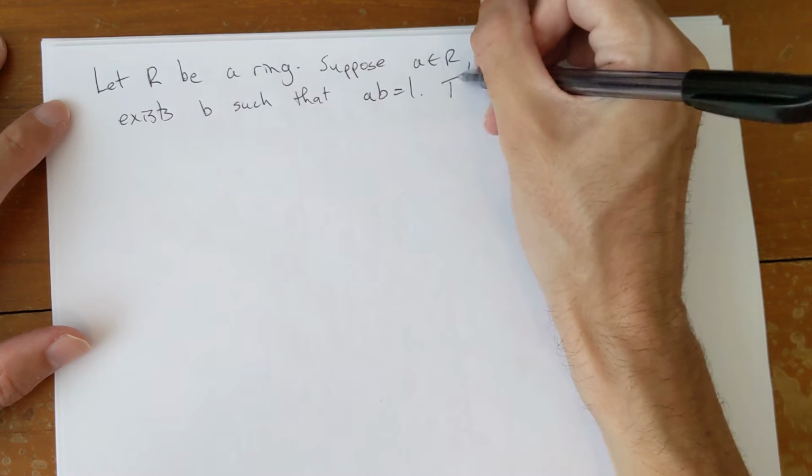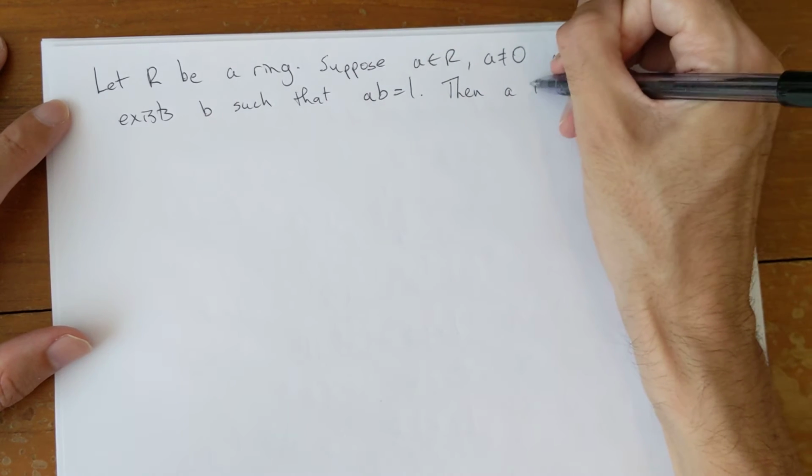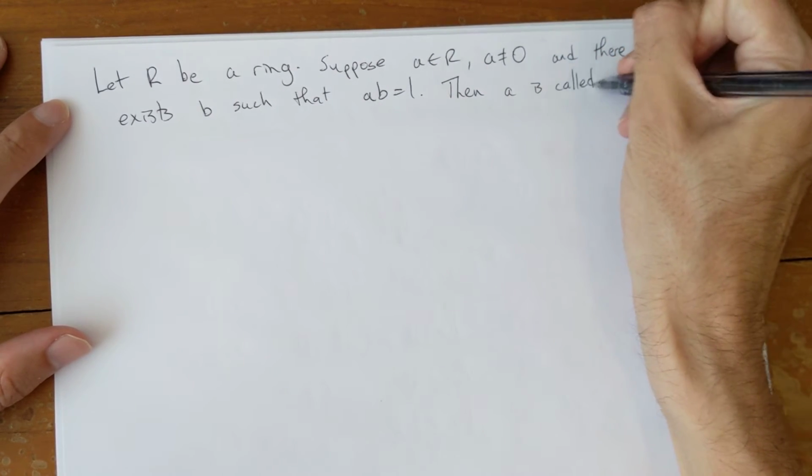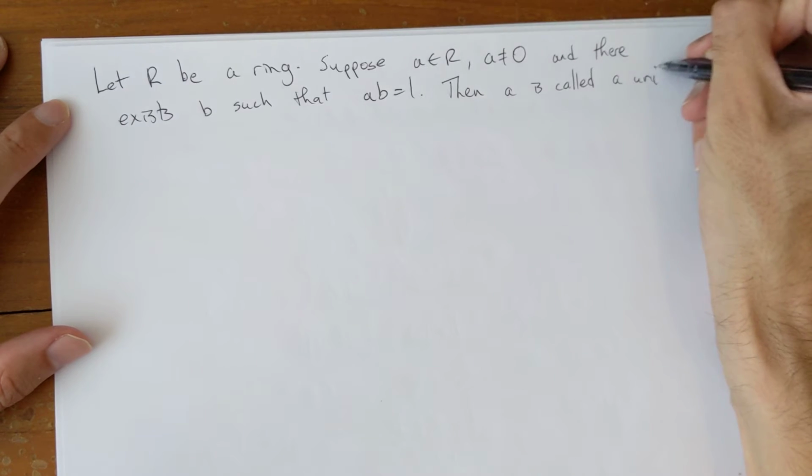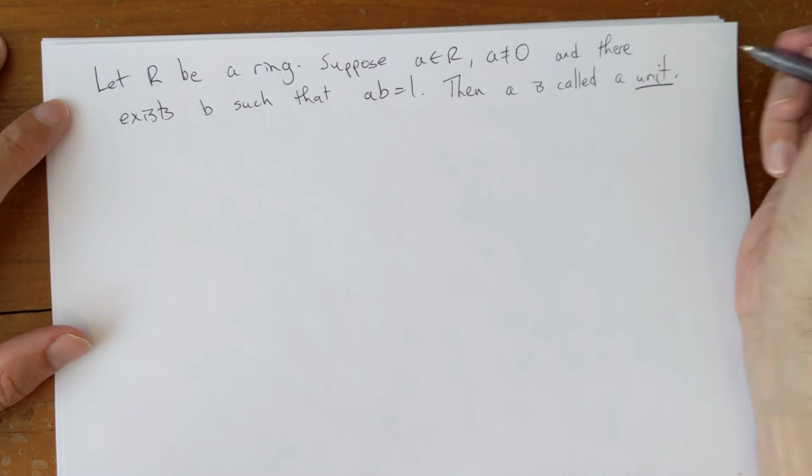Okay, then A is called a unit. Okay, this is our definition.